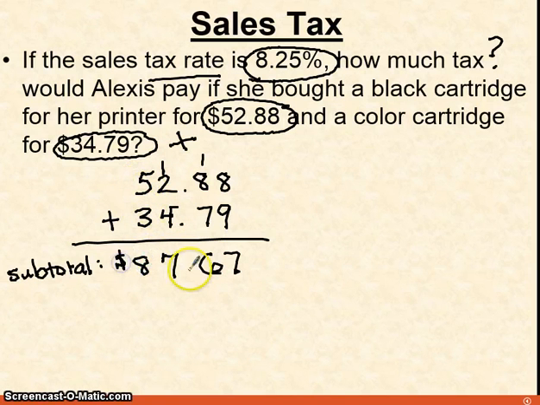So we have an $87.67 subtotal. Cartridges for a printer are non-necessary for life, so we will have to pay tax on this. So we're going to take $87.67 and multiply by the tax rate.